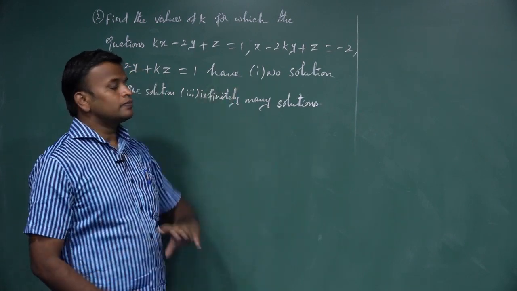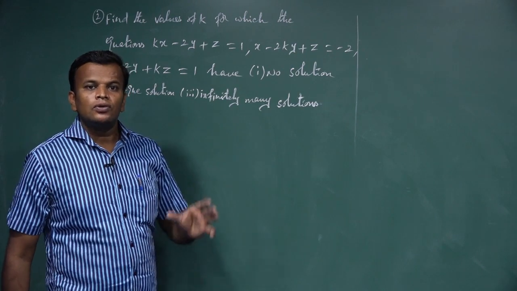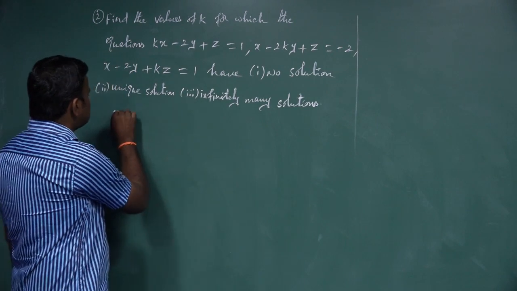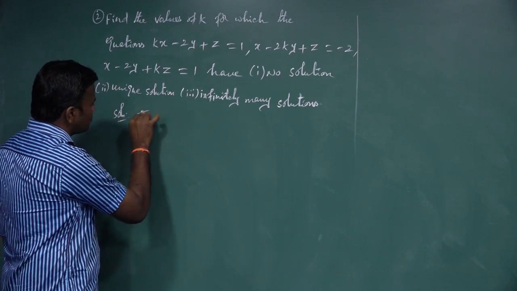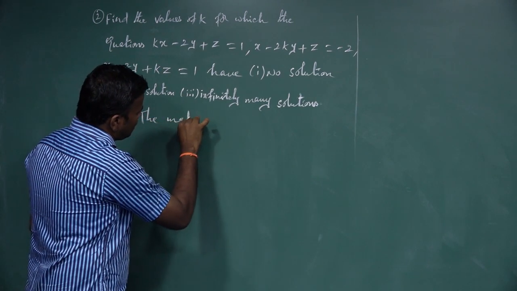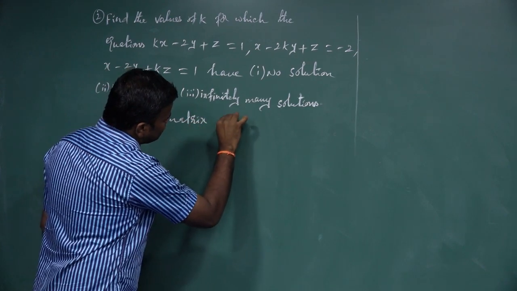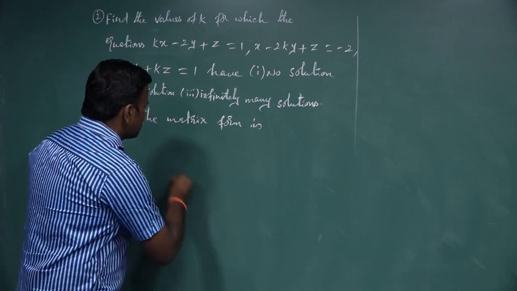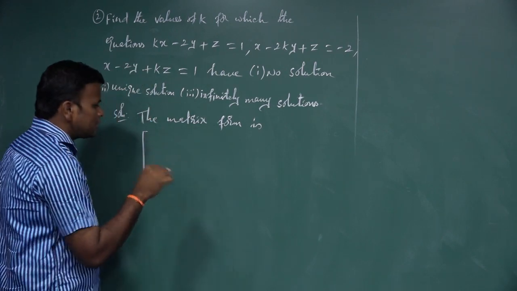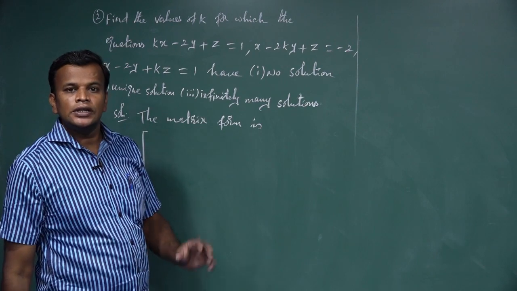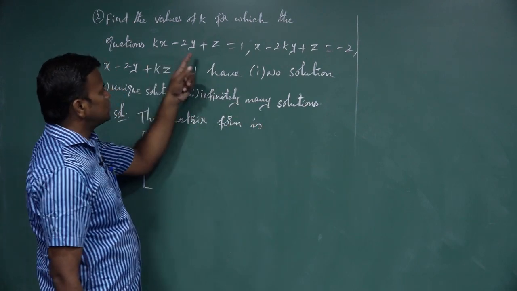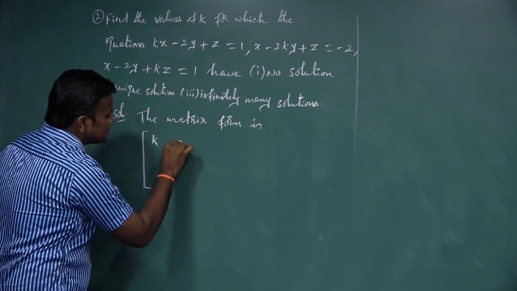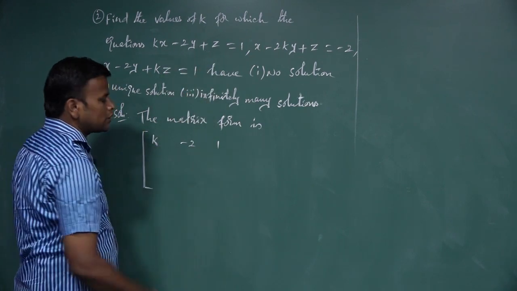Okay, what is the first step? The first step is to convert the given system of equations into matrix form. So we write it in matrix form. You know very well, the first row is the coefficients of x, y, z in the first equation: coefficient of x is k, y is minus 2, z is 1.